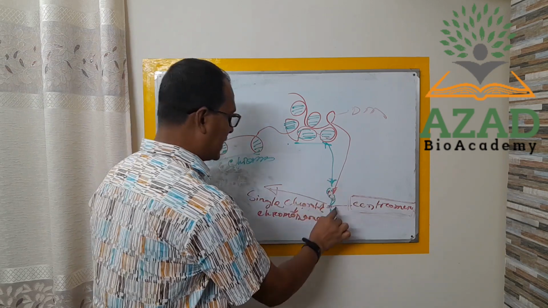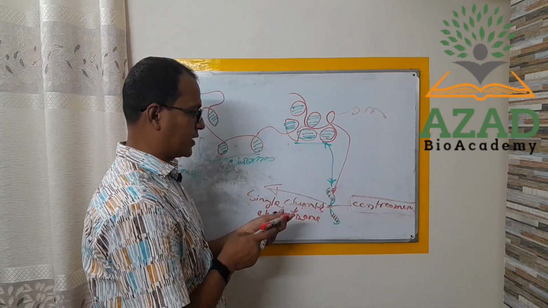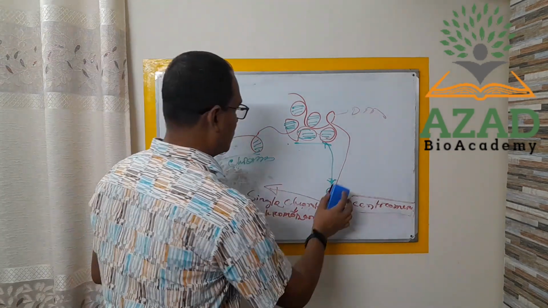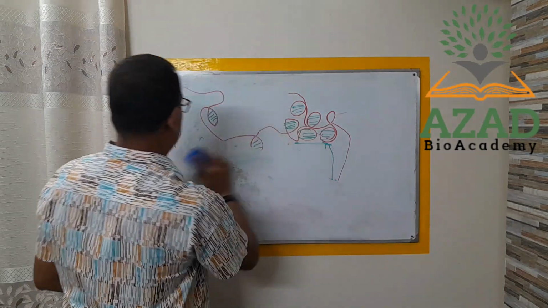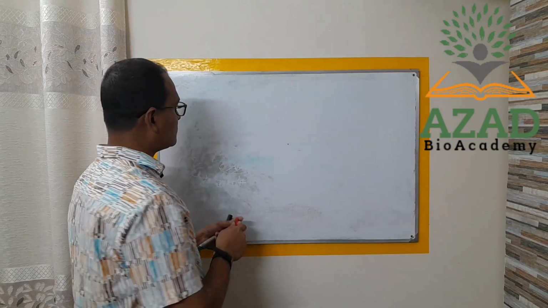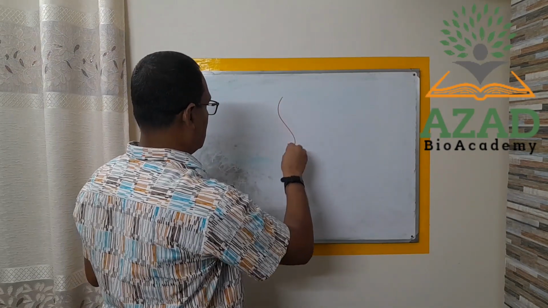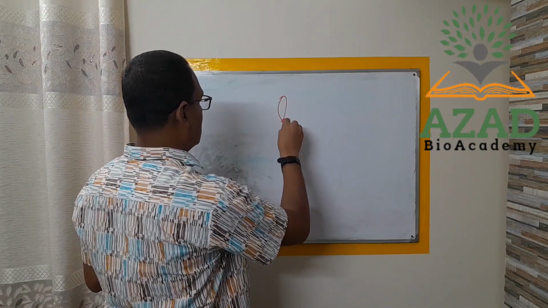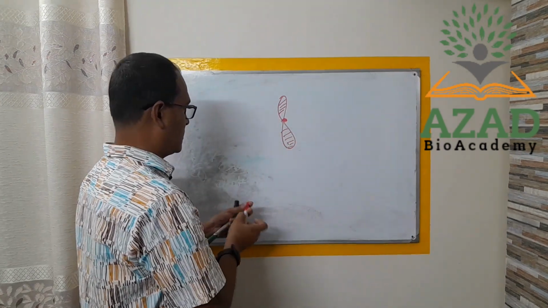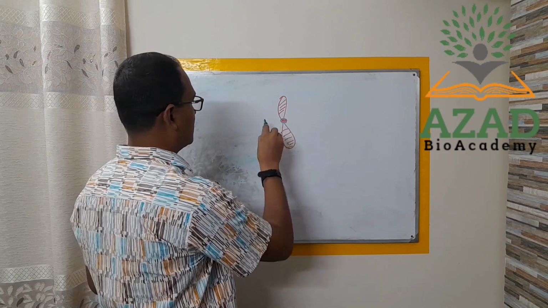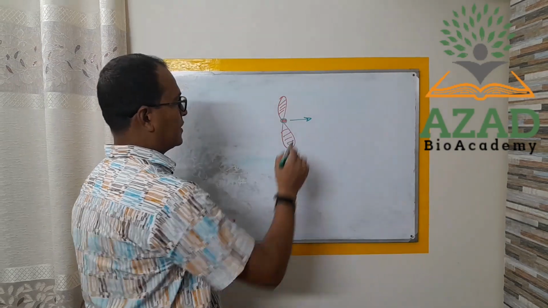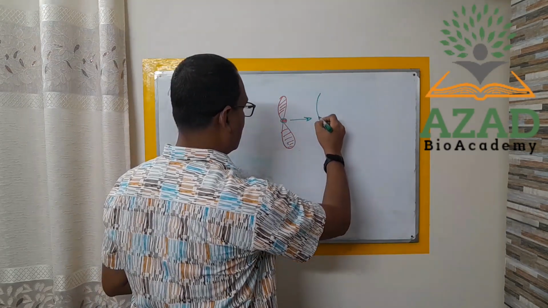Okay, and then that chromatid will be duplicated, and then what will happen? Just follow the next. So this is the chromatid, you can say, a single chromosome, and this chromatid will be duplicated. How will it be duplicated?